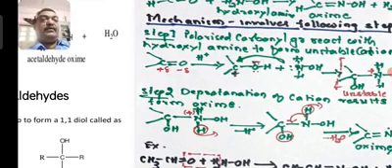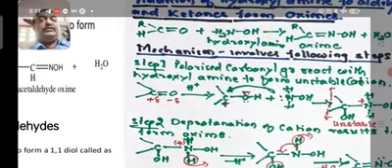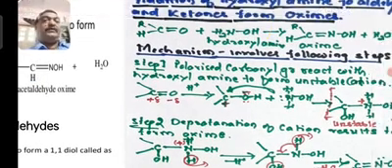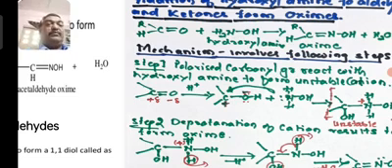So the general reaction I have given. You can see RCH=O when treated with hydroxylamine is going to form RCH=NOH, oxime. In the first step of the mechanism, protonation takes place, because the H+ is going to add to the oxygen, and carbon will become positive.